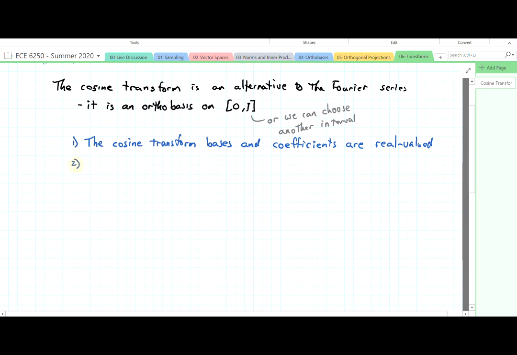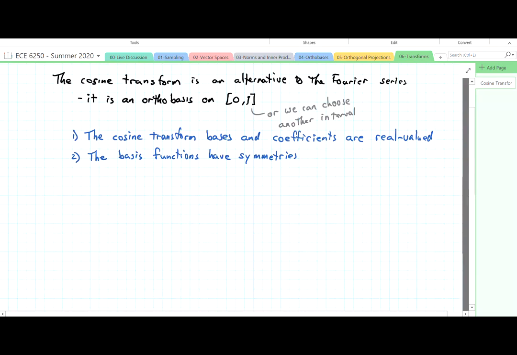As you recall, the Fourier series is complex valued. And second, the basis functions have different symmetries. So this really comes into play when we're talking about things such as the discrete cosine transform and its relation to the discrete Fourier transform. And we'll get to that in a later lecture.